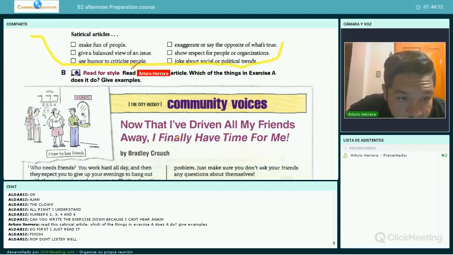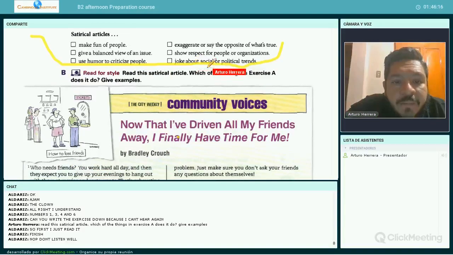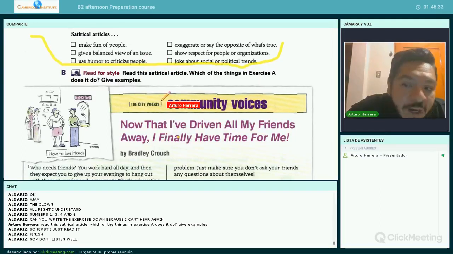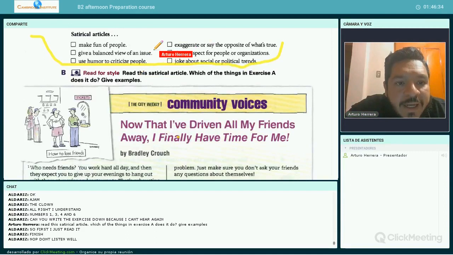Okay, so you already read the text, right? Now, you are going to tell me which of these points are covered by the article, and write down a sentence of the article related to this.